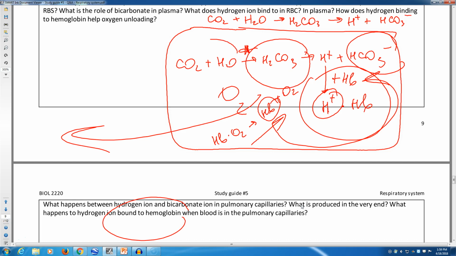Carbonic acid dissociates into CO2 and water. CO2 is exhaled. That's it. So again, it's all about CO2 plus water, bicarbonate plus hydrogen. Make sense? Any questions about this?